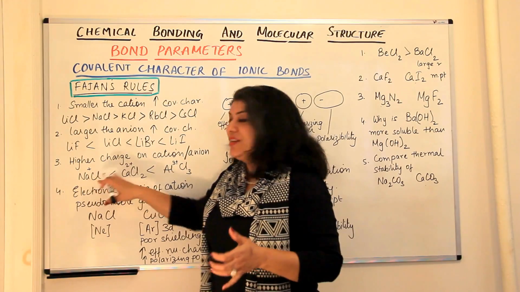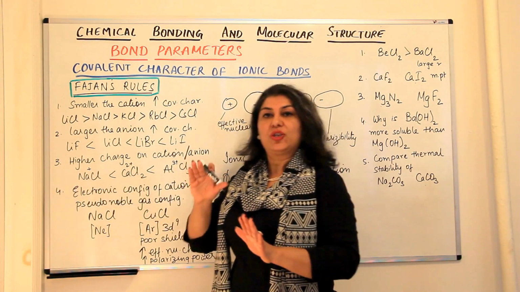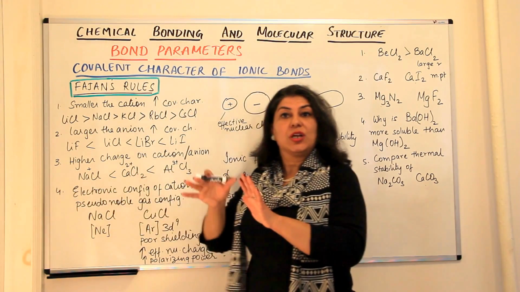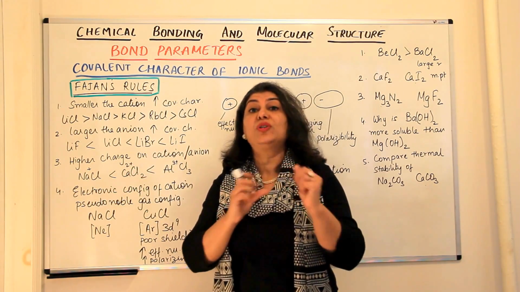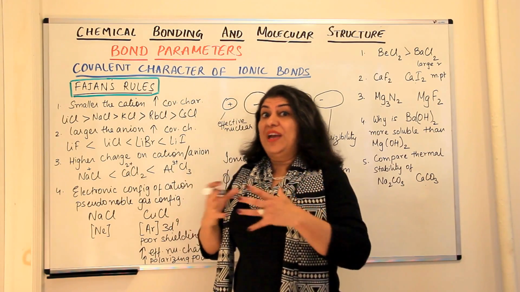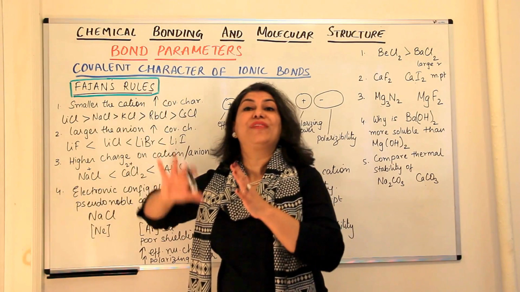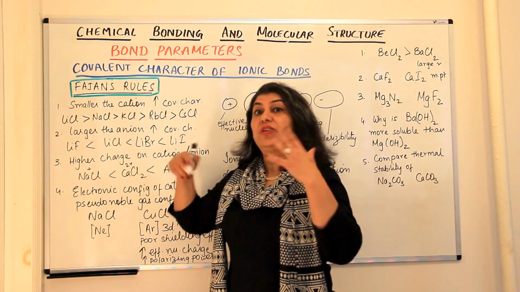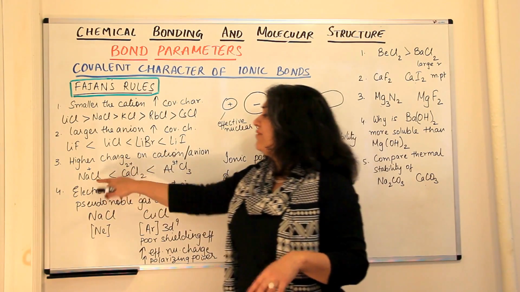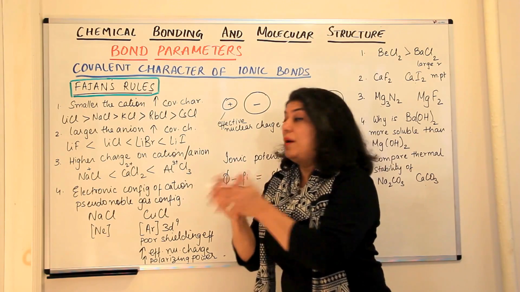The greater the positive charge, it means it has lost that many electrons. If it has lost 1 electron, 2 electrons, 3 electrons, 3 electrons means it has 3 extra protons in the nucleus. So the effective nuclear charge increases with increasing loss of electrons. Therefore, when you have the higher charge, it would have a greater attraction and therefore a greater polarizing power.